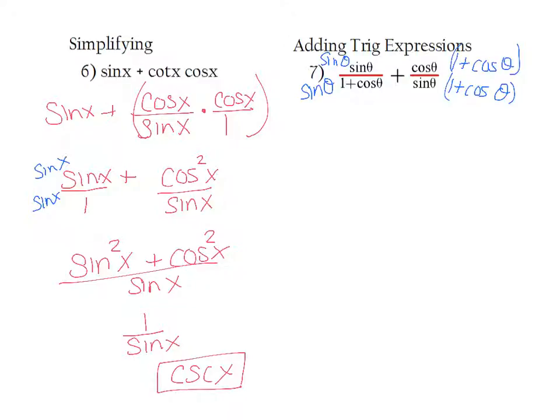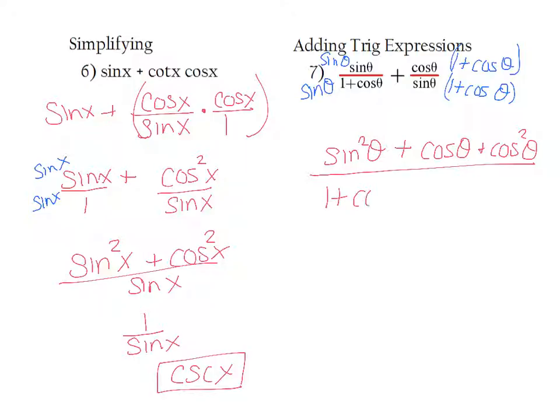I end up with then sine squared theta plus, and here I'm going to take and distribute my cosine theta through the parentheses. And it's going to be all over my common denominator. 1 plus cosine theta times a sine theta. No reason to try to distribute that yet.